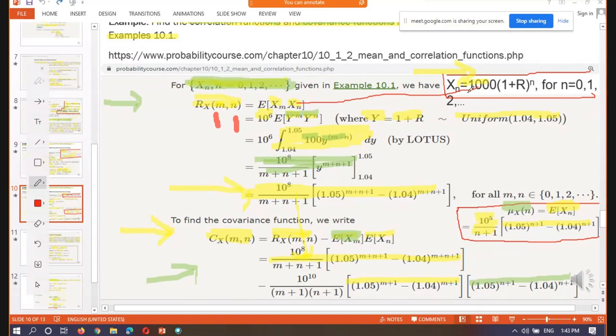If I write both of them here, then 1000 from X_n and 1000 from X_m becomes 10 raised to power 6, and (1 plus r) raised to power m into (1 plus r) raised to power n. If I assume 1 plus r equal to y, it is y raised to power m into y raised to power n. And if r is uniform from 0.04 to 0.05, then y is uniform from 1.04 to 1.05.